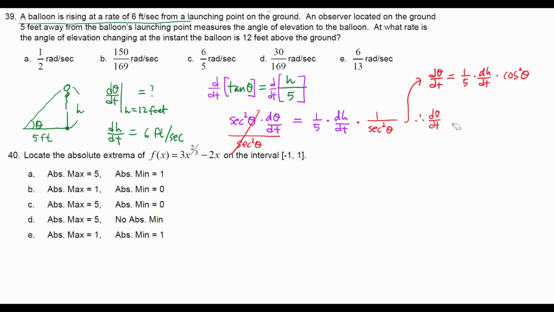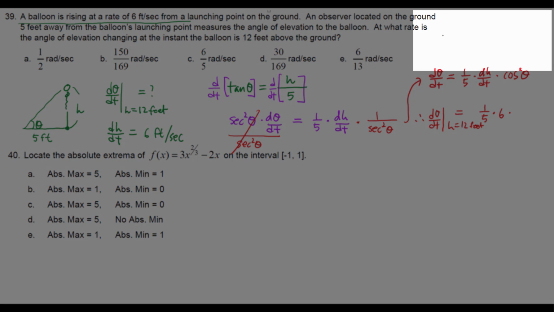So to get the answer, d theta/dt at the instant h equals 12 feet is equal to 1/5 times dh/dt, which was given, and it is 6 feet per second. And to find the cosine theta, I need to find the length of the hypotenuse when h equals 12. So from the right triangle, let's get the length of the hypotenuse.